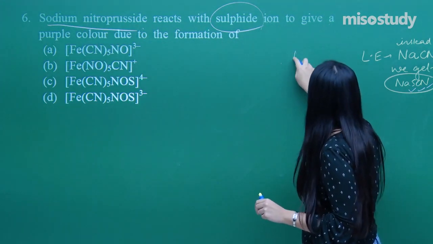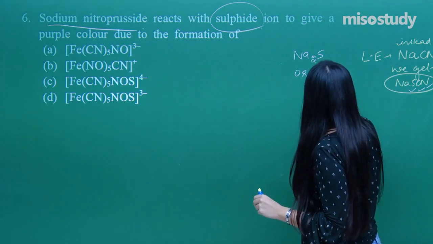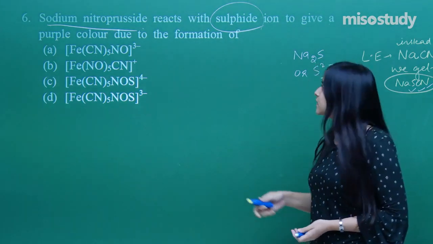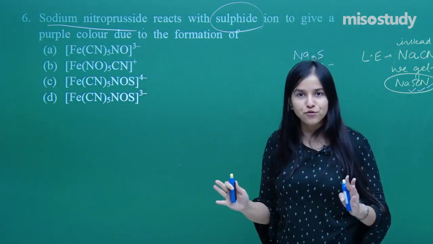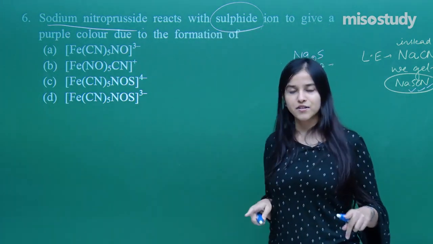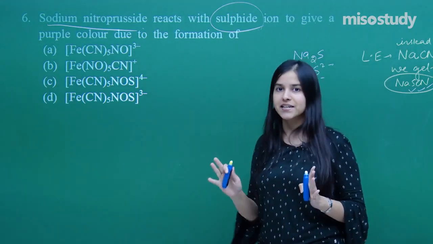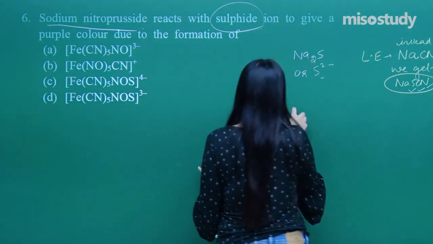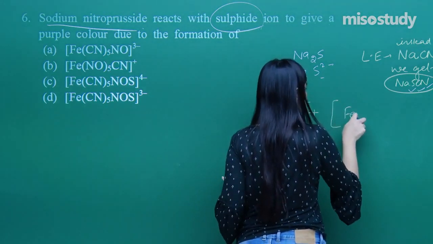That is in the form of Na2S or S2-, that is the sulfide ion. So, we need the particular reaction for that, then we will be getting the answer. Which is the compound responsible for this purple or violet coloration? So, what is sodium nitroprusside?